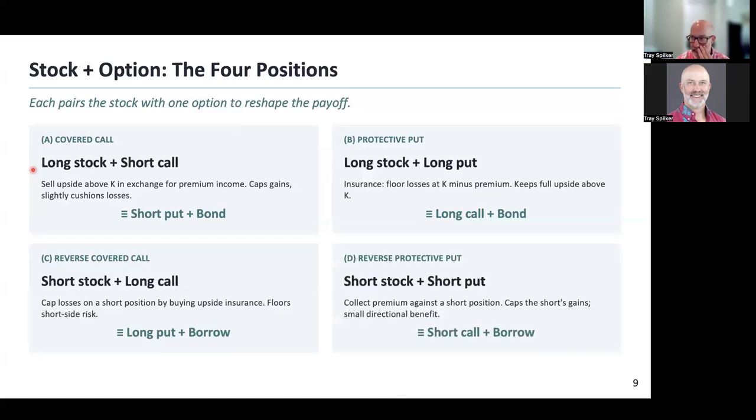And last here is a short stock combined with a short put, also known as reverse protective put. Here we're taking a short position in the stock, and we're also going to earn additional premium, as it were, on the short put position.